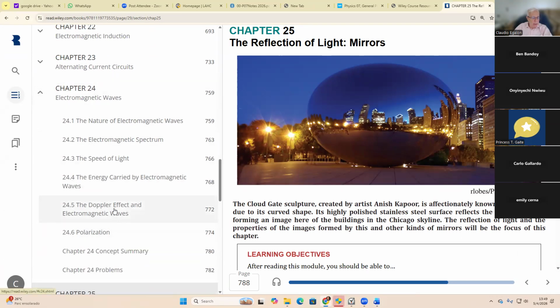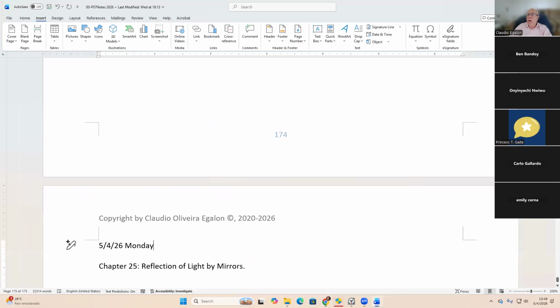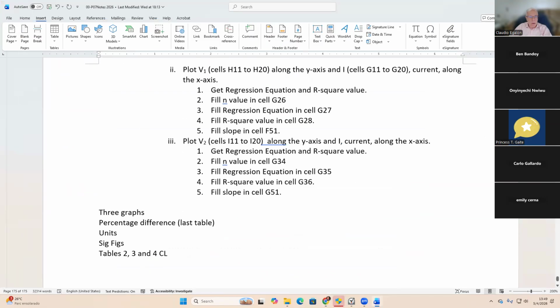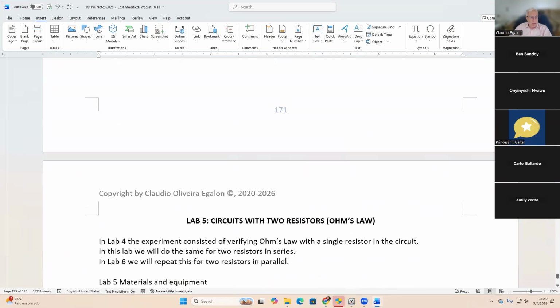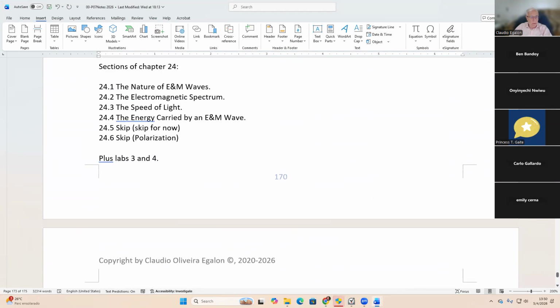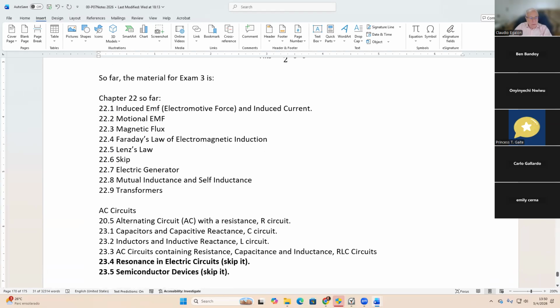Electromagnetic. Yeah, we skipped Doppler effect and polarization. We just covered 24, 1, 2, 3, and 4. Let me copy and paste 24, 2, 3, and 4. I want also to make a list of the... oh, here you go.